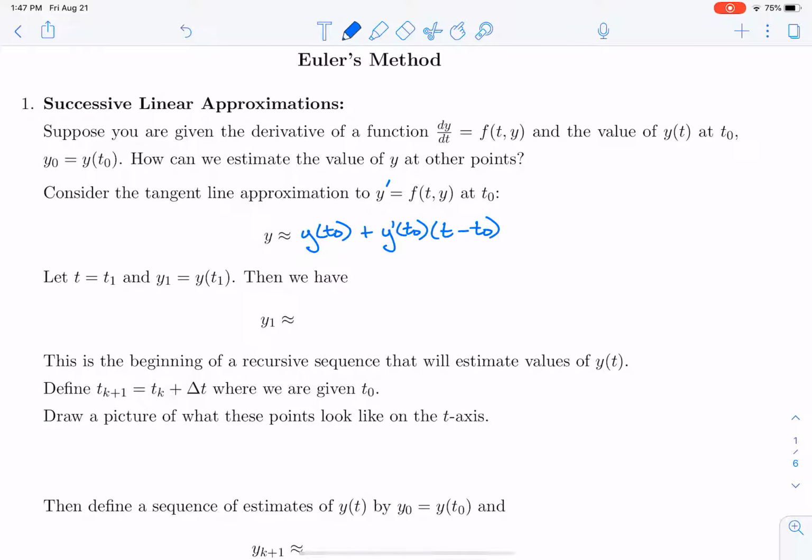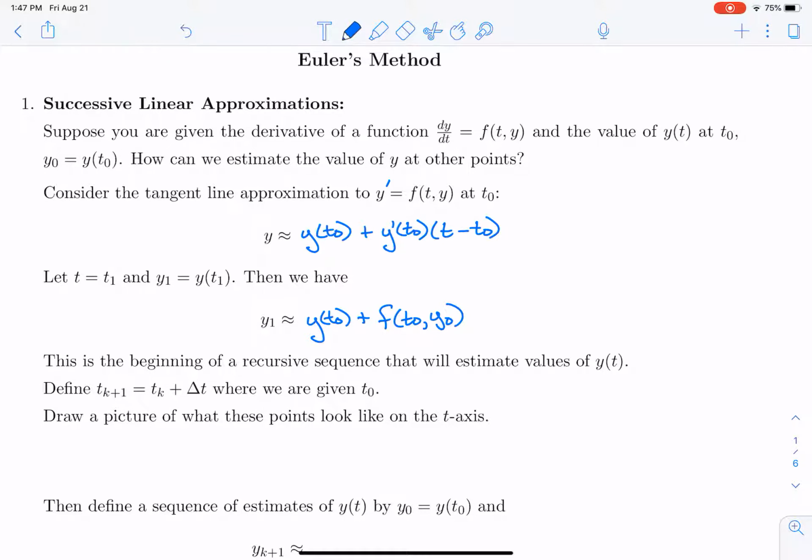So I'm going to call that y of t0, and then I'm going to add the derivative at t0, but I actually know what the derivative at t0 is. It's f of t0, y0, because I'm given the differential equation, and that differential equation tells me what the derivative is.